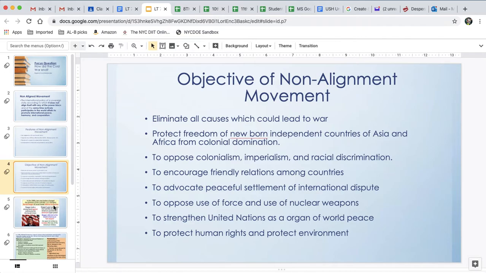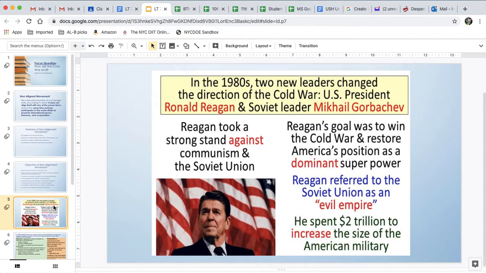We jump ahead and introduce ourselves into the 1980s, and we have these two new leaders that change the direction of the Cold War. For the United States, we have President Ronald Reagan. He wins the presidency in 1980. He is our president from 1980 to 1988.